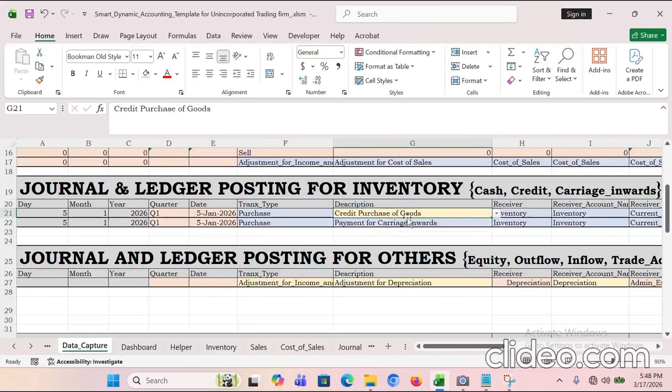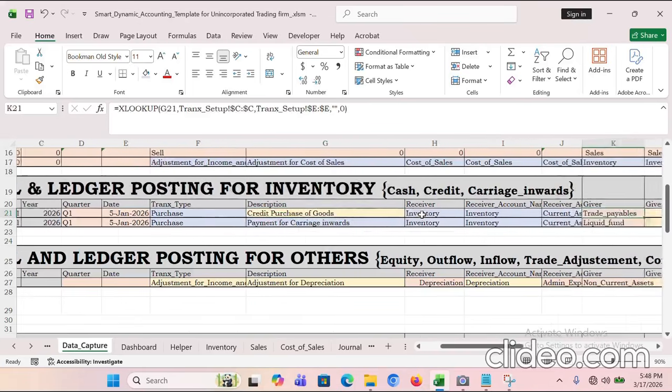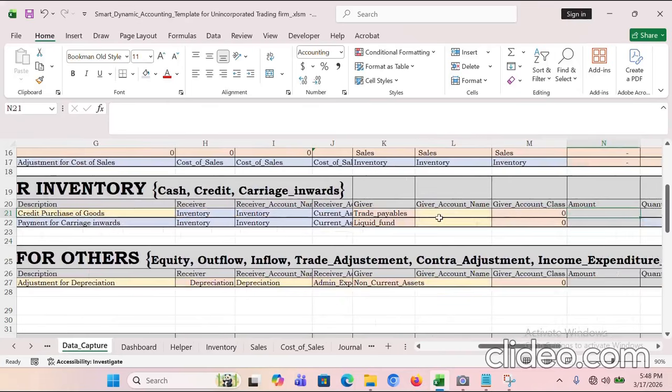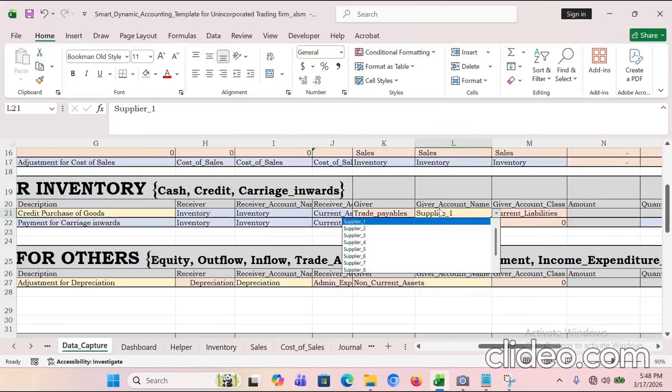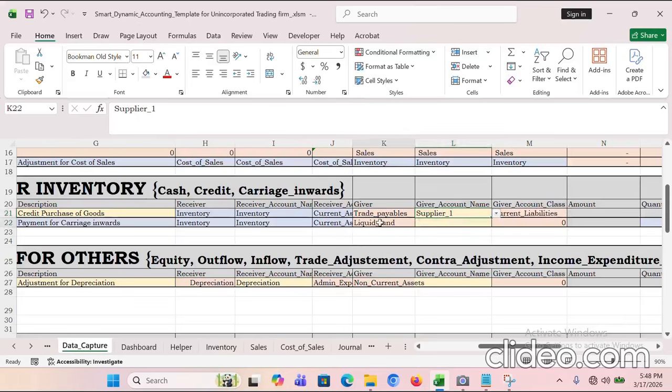Let's stick with credit purchase this time. And we purchase from who? A trade payable account called supplier 1. So you select supplier 1 out of the list of suppliers. And for the carriage inwards, let's assume we still use bank. Or let's use cash this time, not bank.